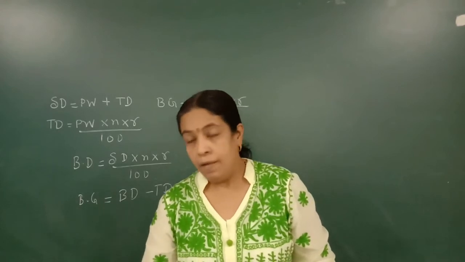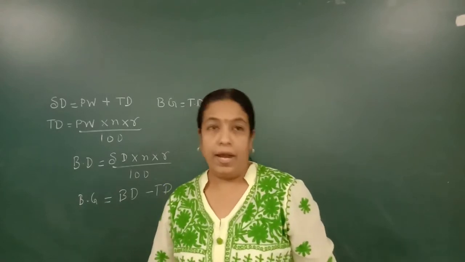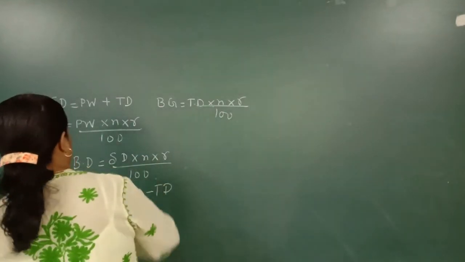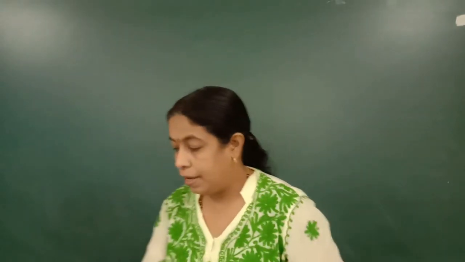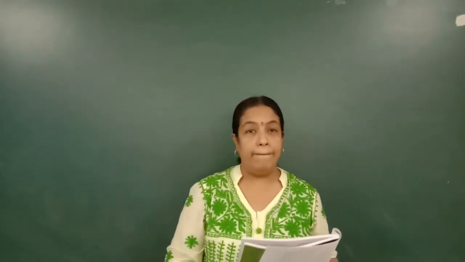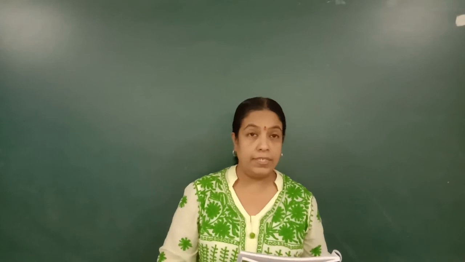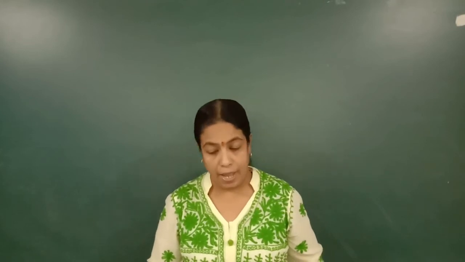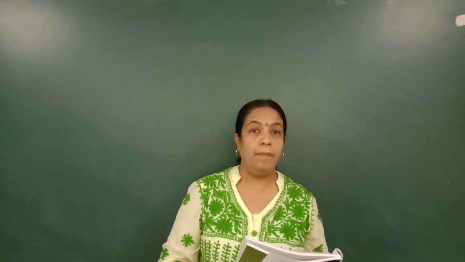Okay. Now one sum we will do and we will end this. I will read the sum. If the present worth of a bill due 6 months hence is rupees 23,000 at 8% per annum, what is the sum due?